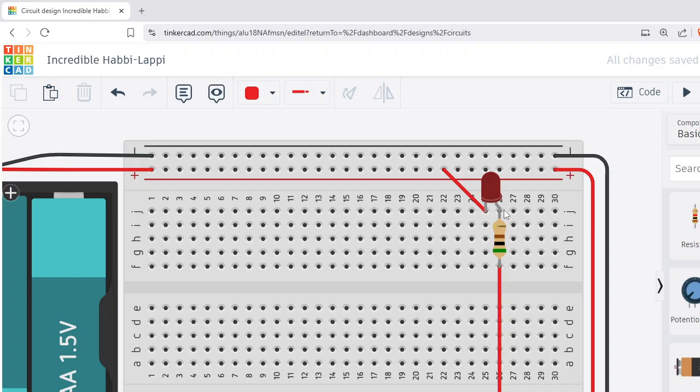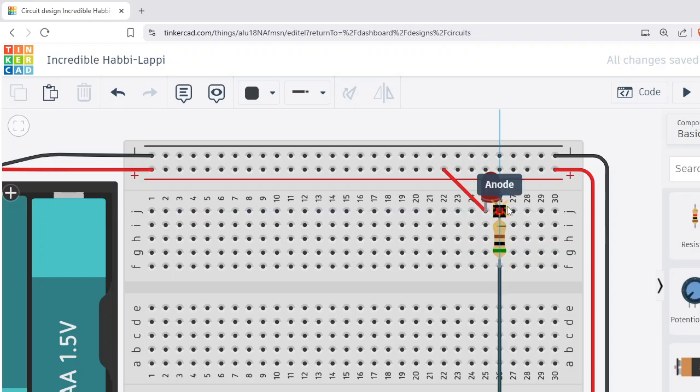Sir, it will glow. It will not work. Sir, it will short, because the resistance is shorted, right? It is as if these two are connected. There is no resistance in between, you can understand, right?